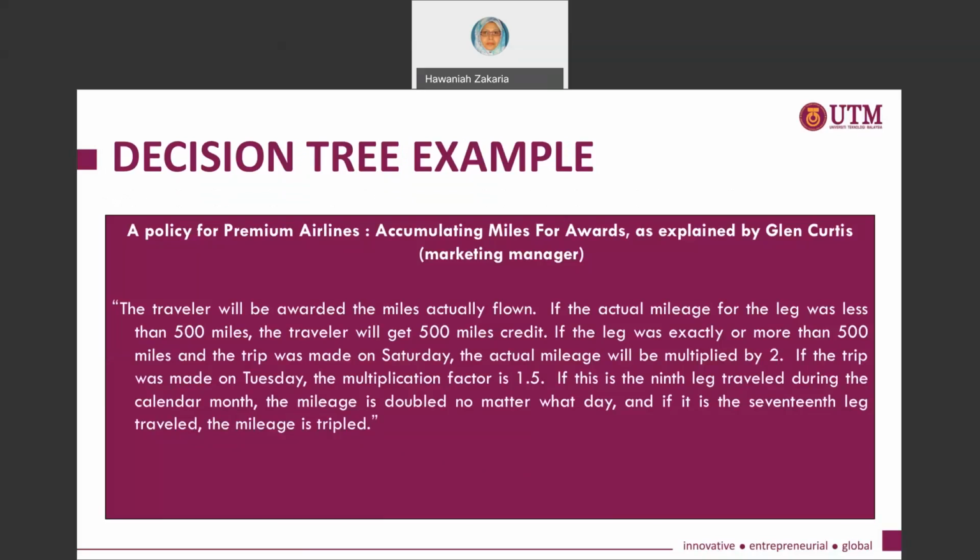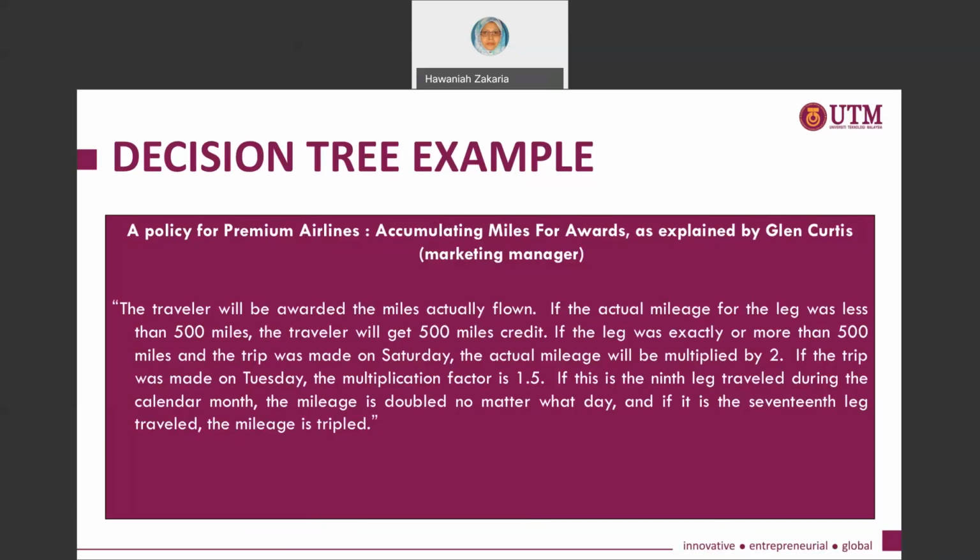Let us look at one example here. This is a policy for premium airlines accumulating miles for awards, as explained by Glenn Curtis. Who is Glenn Curtis in this example? Glenn Curtis is a marketing manager. So this is about rewarding awards for customers. The policy says the traveller will be awarded the miles actually flown, if the actual mileage for the leg was less than 500.